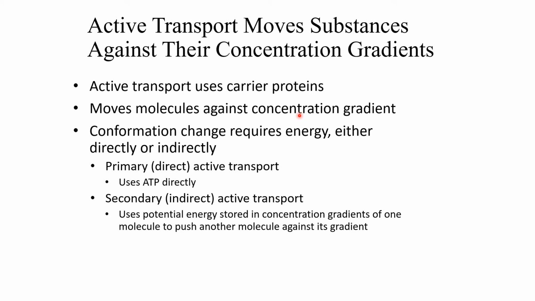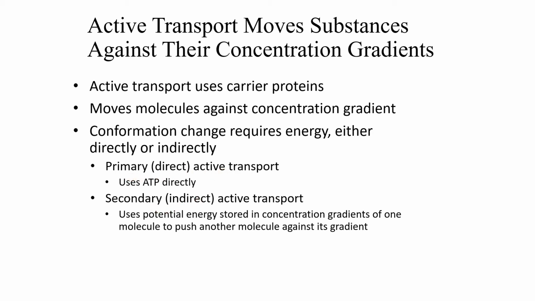Now, active transport usually uses carrier proteins to allow the transport of these molecules. Some of these active transports are going to use ATP energy directly to allow the transport of these molecules. And so we refer to those carrier proteins as primary active transports.